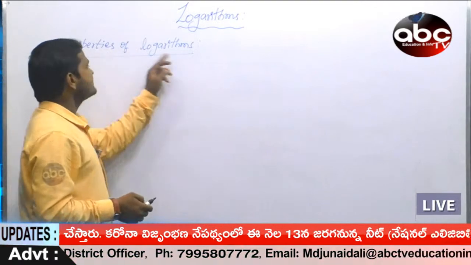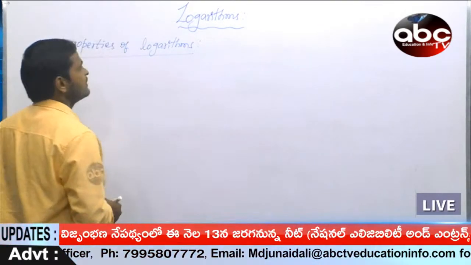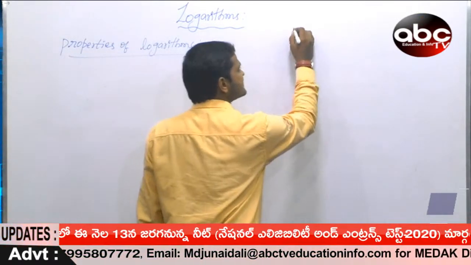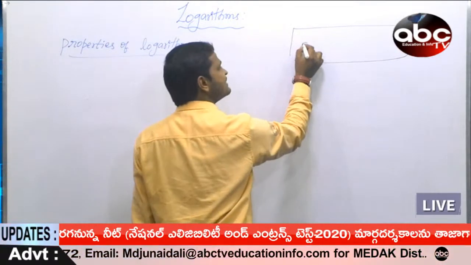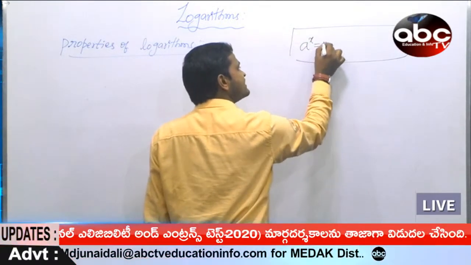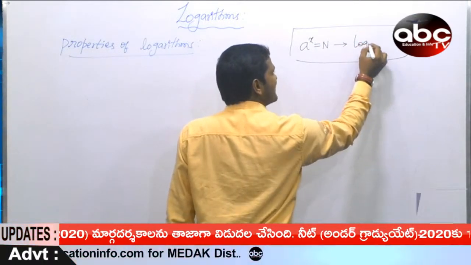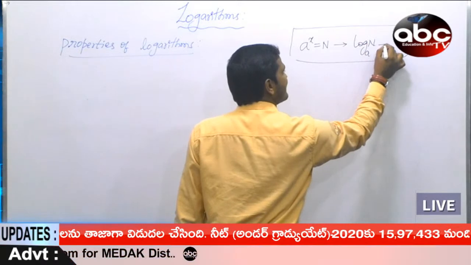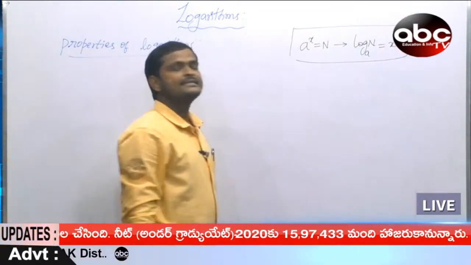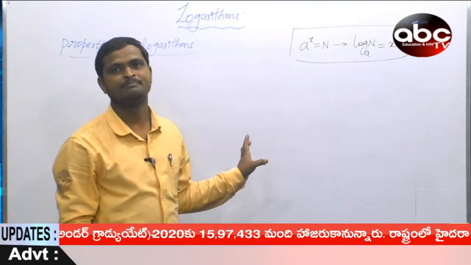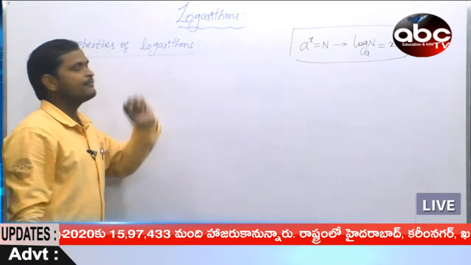Then properties of logarithm. In this, students, remember this one, right? When a power x is equal to n, we can write log n base a is equal to x. This is the general form of logarithm. Now, properties of logarithm.